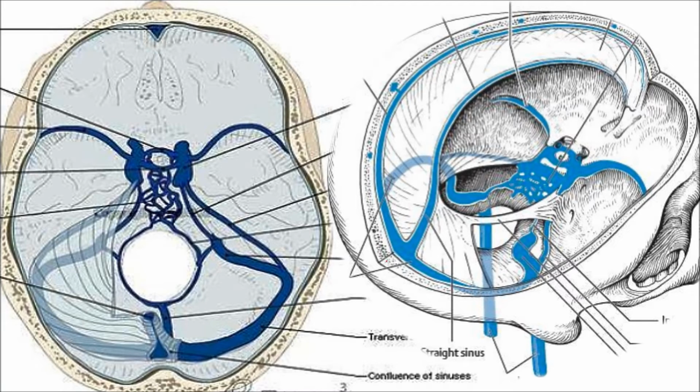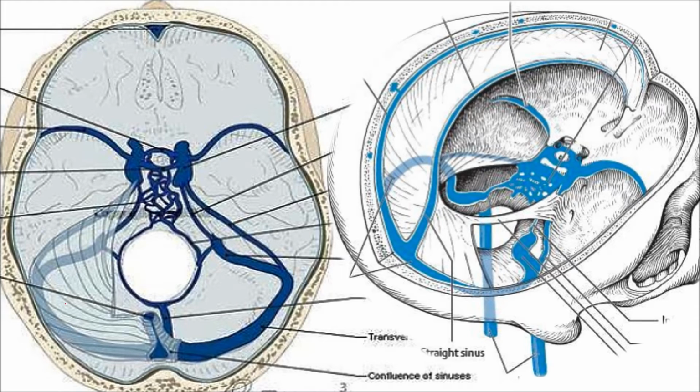Now, the junction of the superior sagittal, the straight sinus, with both lateral sinuses, this point specifically is called the confluence of sinuses or the torcular herophili.